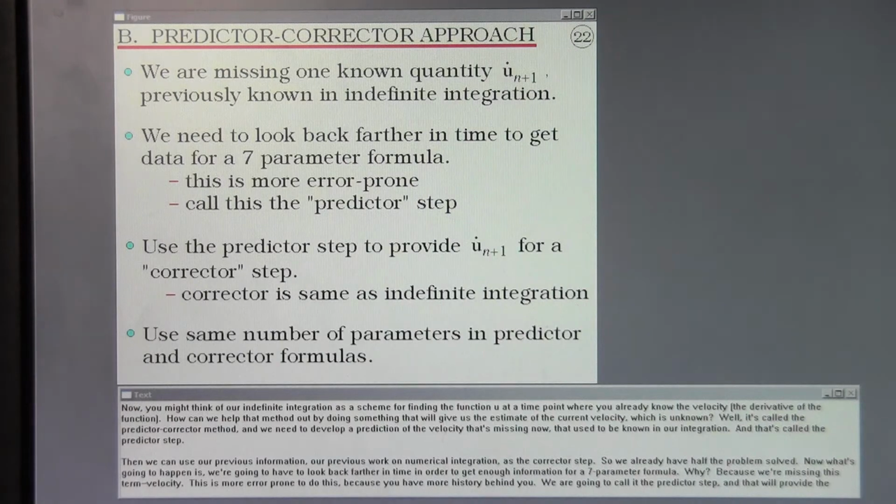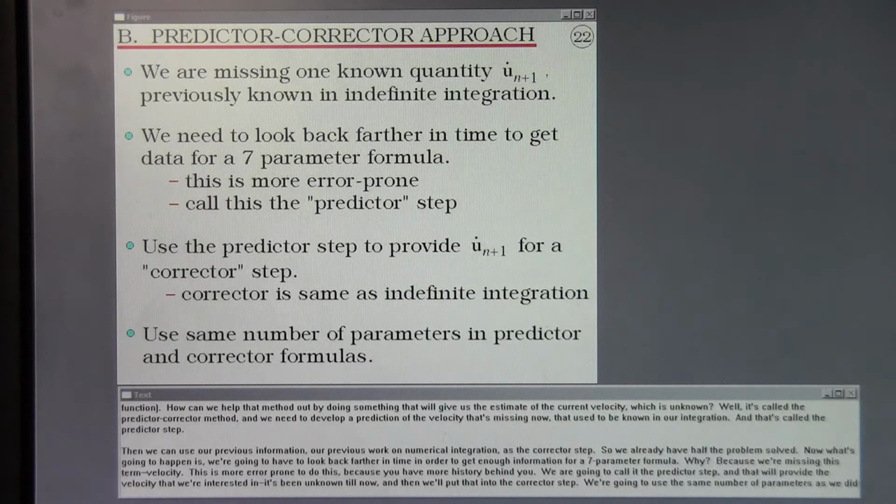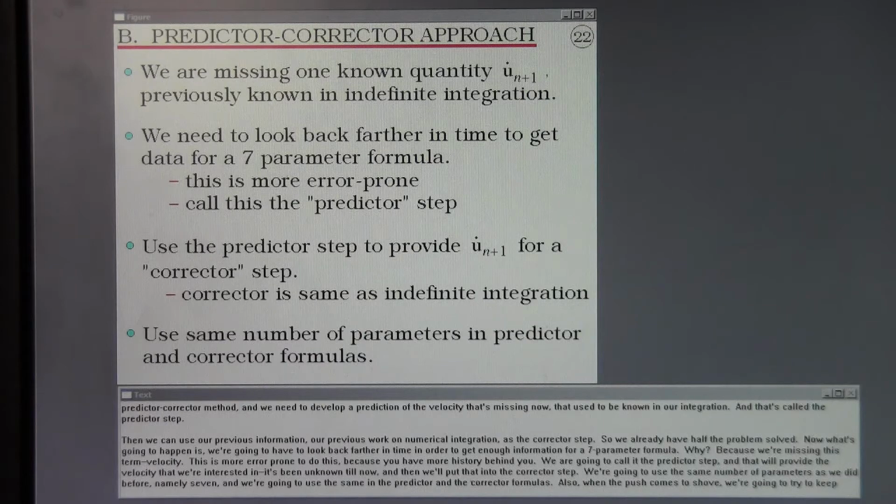How can we help that method out by doing something that will give us the estimate of the current velocity, which is unknown? Well, it's called a predictor-corrector method, and we need to develop a prediction of the velocity that's missing now, that used to be known in our integration. And that's called the predictor step. Then we can use our previous information, our previous work on numerical integration as the corrector step.